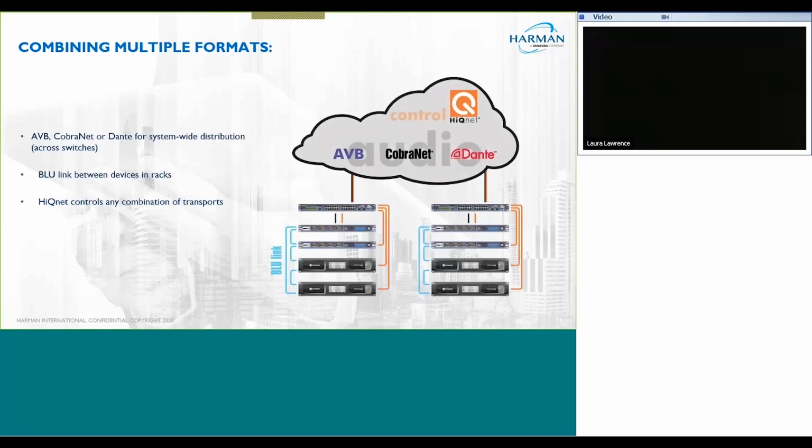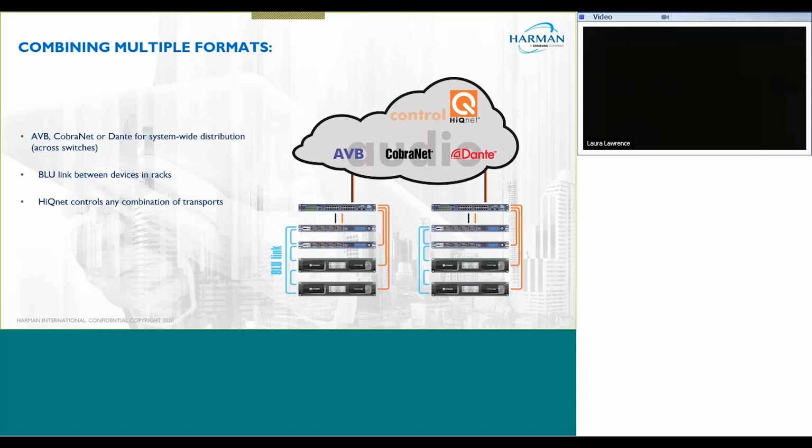I will quickly mention here that if you need to utilize your existing infrastructure across a large stadium, for example, you can take all the gear in a rack and just BLU Link all that gear together. If it's all HARMAN equipment, you just tie BLU Link in and out across all the devices in each rack, and then the racks or the IDF closets, or whatever they might be, are tied together using anything else, whether that be AVB, CobraNet, or Dante.